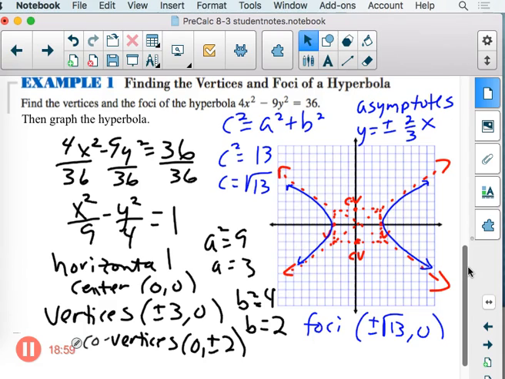Now, if we wanted to graph the foci, like I said, we have calculators. They're not just a prop. You can find the square root of 13. And then say, all right, we're going to go about 3.6 right and left.